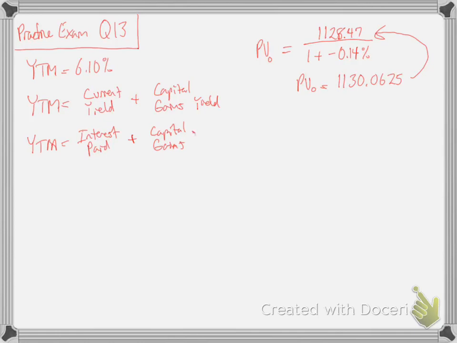Okay? Well, we also know that this minus 0.14% was the capital gains yield. So we can say the 6.10% yield to maturity equals this unknown current yield plus this minus 0.14% capital gains yield. Okay?